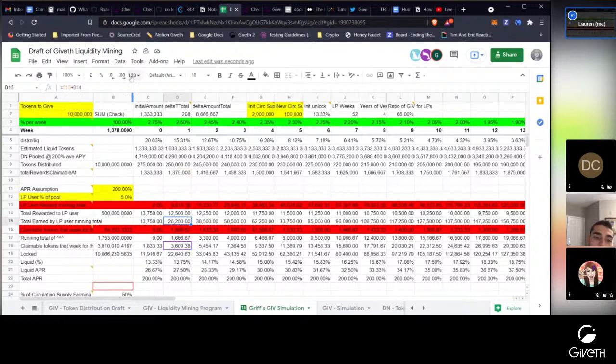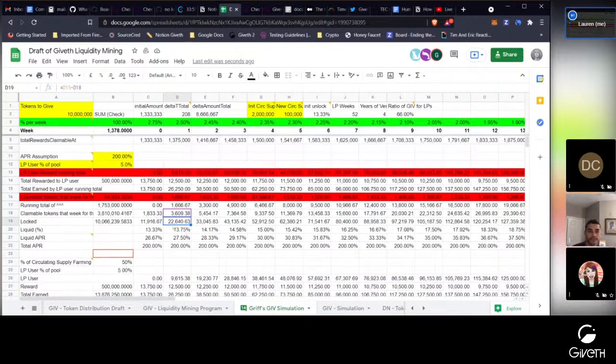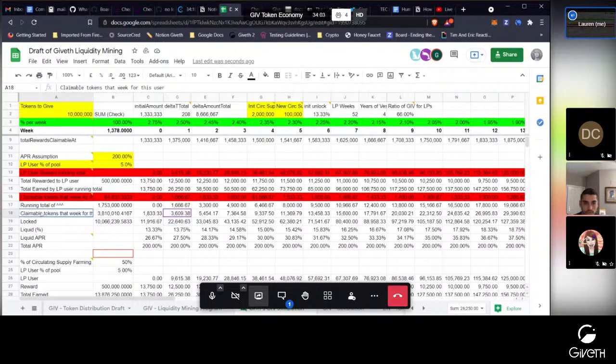Because this one, D14, I think, but we'll check that out. And then locked. So this should be 26, 25. Yeah. Okay. Total tokens earned. So yeah, this is a better ratio. This is a better example. I'll just call it claimable.